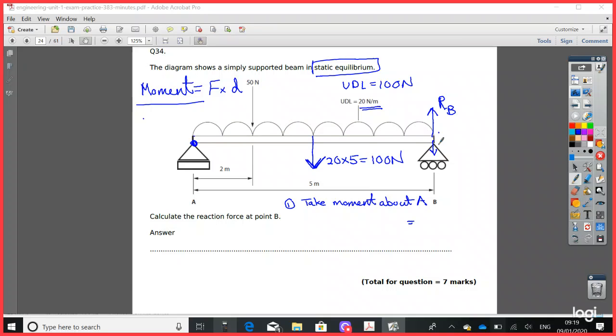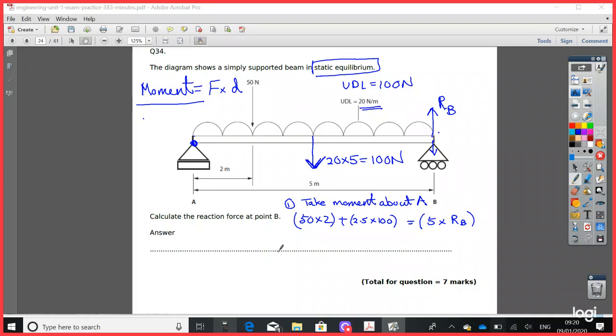Remember, we're not taking moments about B, so it's starting from here. The distance from here to here is 2, so it's 50 newtons times 2. Add from there to this force is 2.5 meters times the force, and equal to the anti-clockwise moment, which is from there to there, 5 meters times RB.